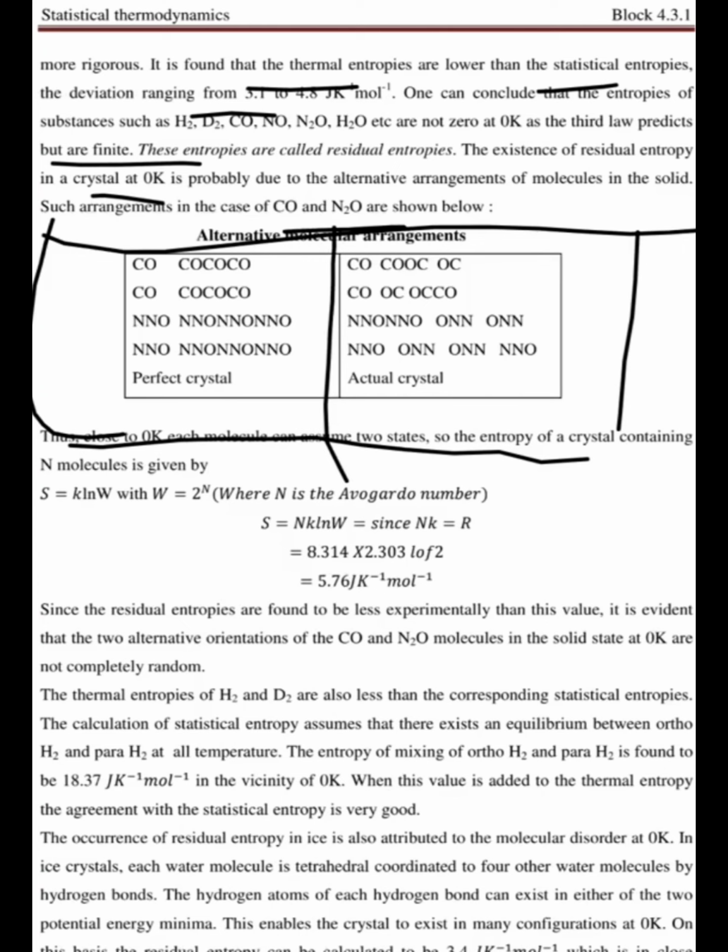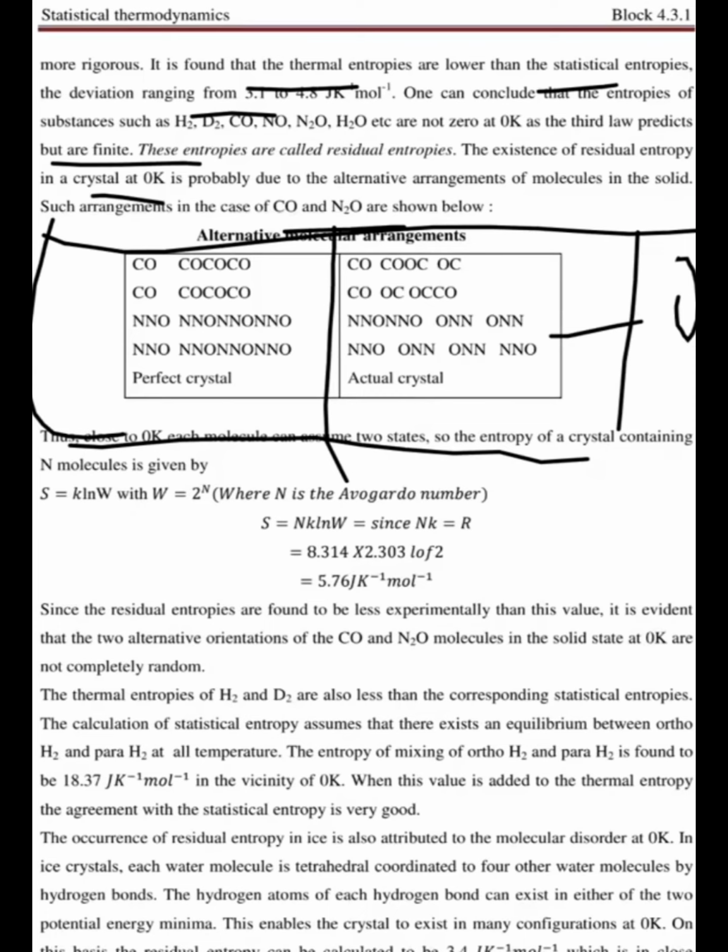One is having different arrangement of molecules at 0 Kelvin. Here the molecular arrangement takes place around 300 degrees Celsius.